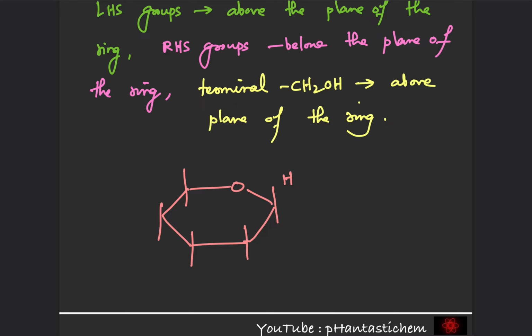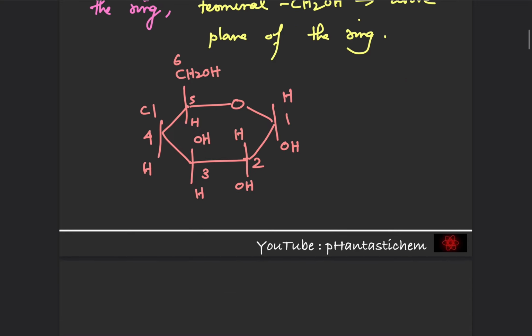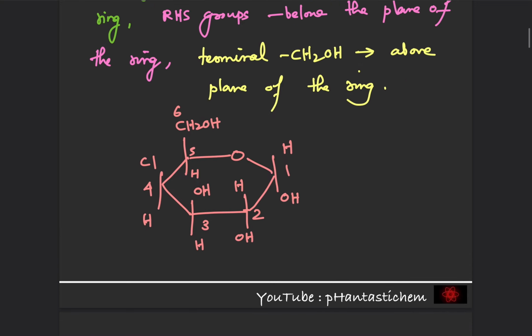So we have H above, OH below, H above, OH below, first carbon, second carbon, third carbon, OH above, H below, fourth carbon, Cl above, H below, fifth carbon, CH2OH above and H below. And this is the sixth carbon. Okay, cool. So this is our Haworth projection of 4-chloro-4-deoxy alpha D galactose.